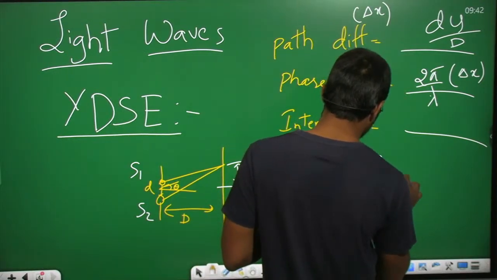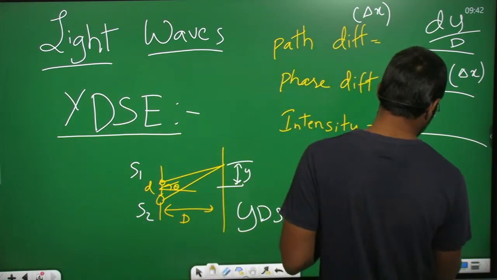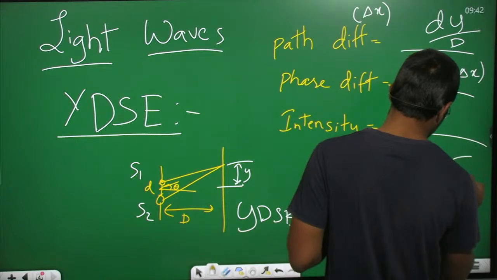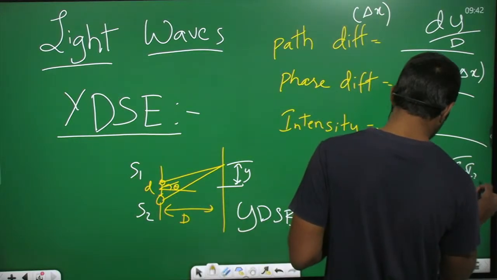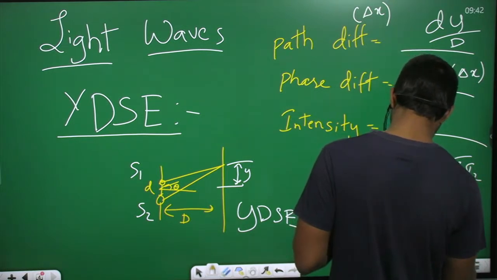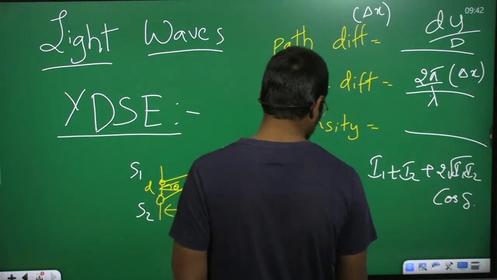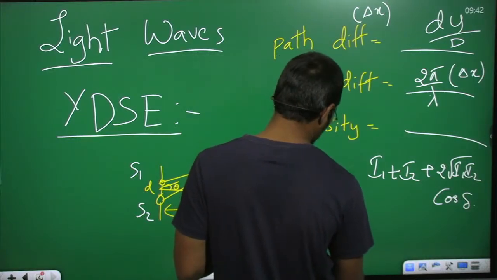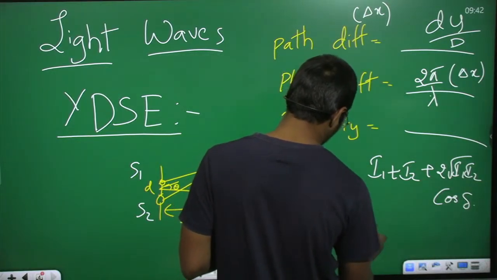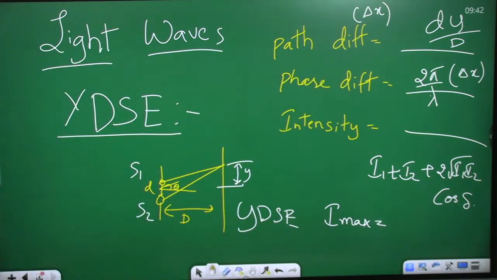I1 plus I2 plus 2 under root I1 I2 cos delta. So what is the maximum? Formula for maximum intensity possible. People watching online, come on, Dream Chaser, okay.